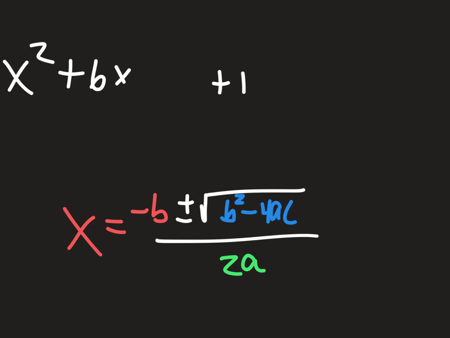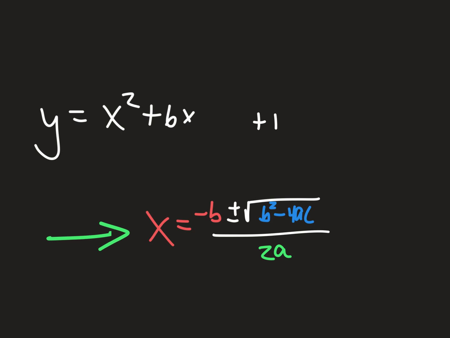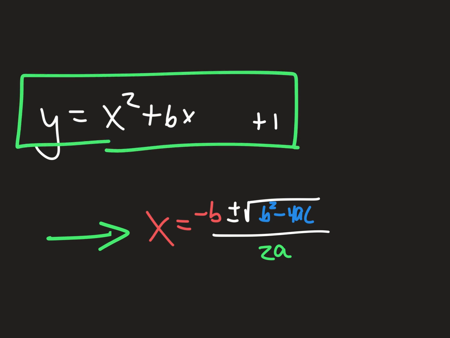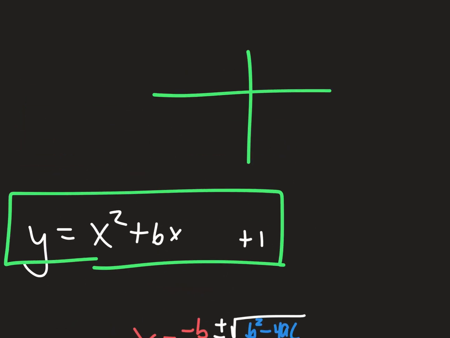Now, here's my question. If this thing will figure out the answers to this, what is it figuring out? It's figuring out the solutions. But we don't even know if there's any real solutions, because couldn't this thing look, well, I know it has a y-intercept of 1.